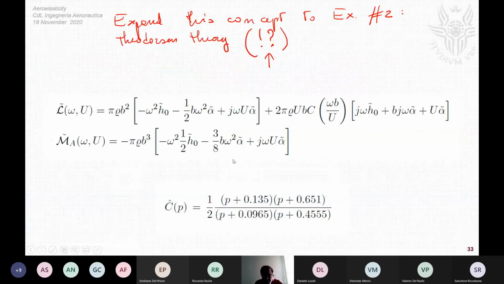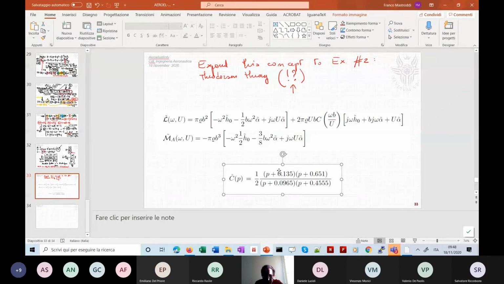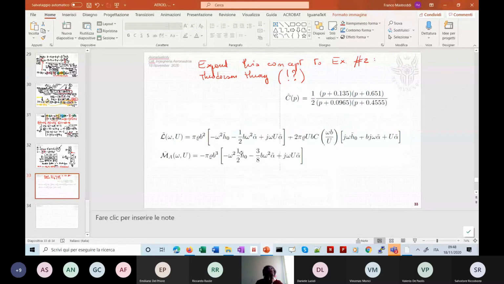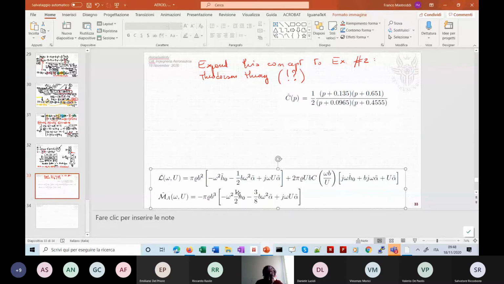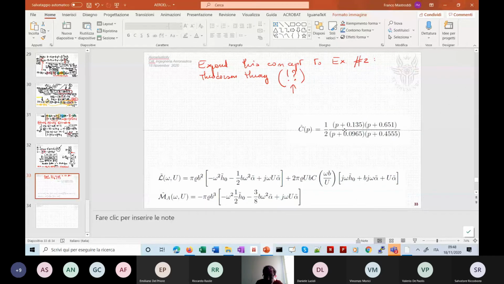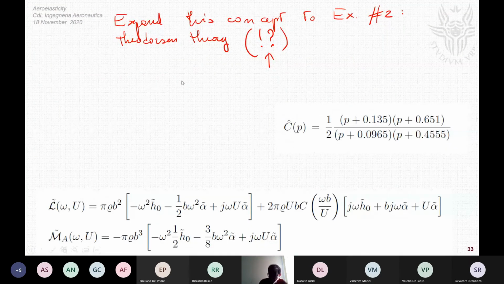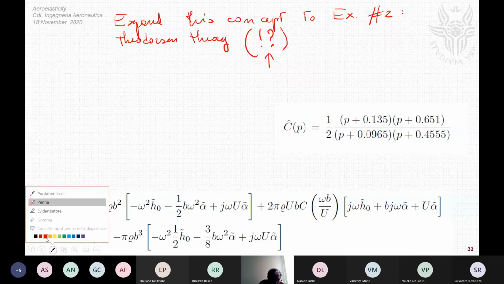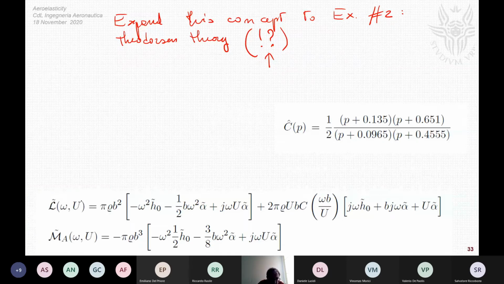This is our equation considering the Theodorsen theory, and look, this is the lift and the moment as given in our Theodorsen theory.